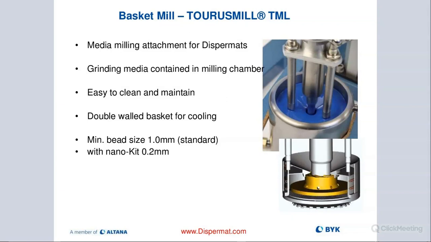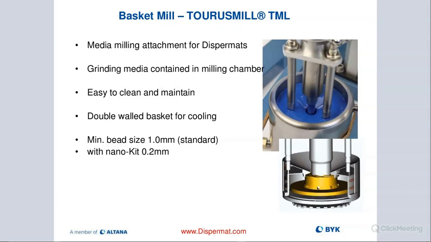So as long as you have a formula where your material flows properly, even at very high viscosities, as long as, like honey, if you turn over the pot and the honey flows out of your pot, you can use a basket mill. If it doesn't flow anymore, if your slurry is non-flowable, this is not an option.